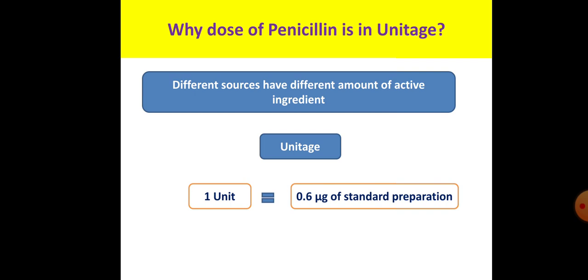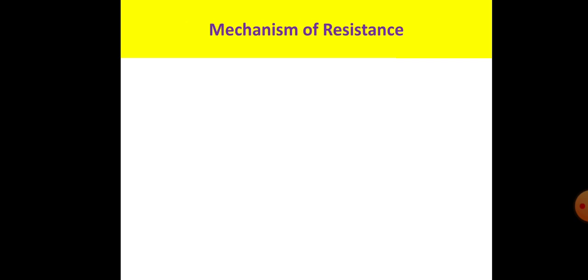In simple language, we want to standardize the amount of the active pharmacological component, and that's why we have standardized the dose of penicillin in units. Whenever we say 1 unit, it means that 1 unit is equal to 0.6 microgram of standard preparation.